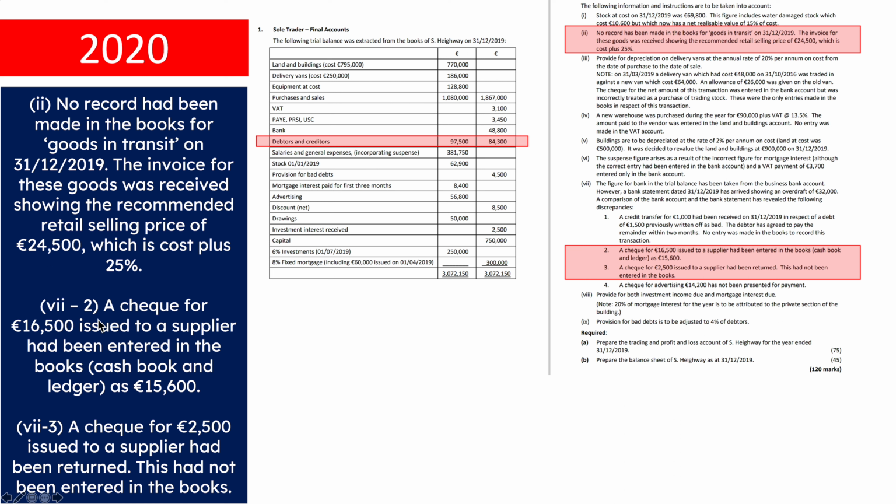Note 7.2: a check for 16,500 issued to a supplier had been entered in the books, the cash book and ledger as 15,600. And then note 7.3: a check for 2,500 issued to a supplier had been returned. This had not been entered in the books.